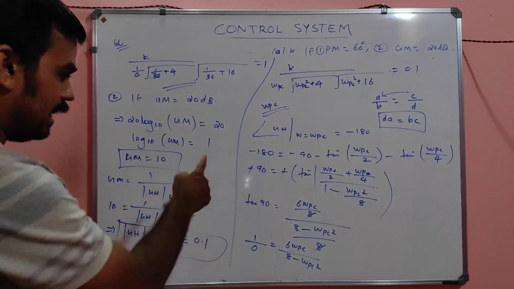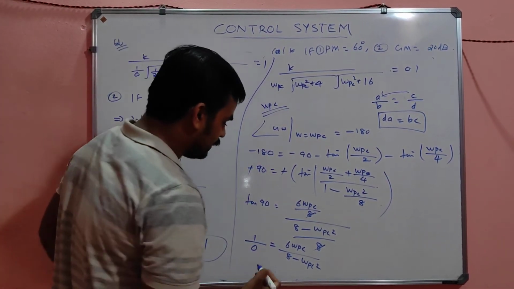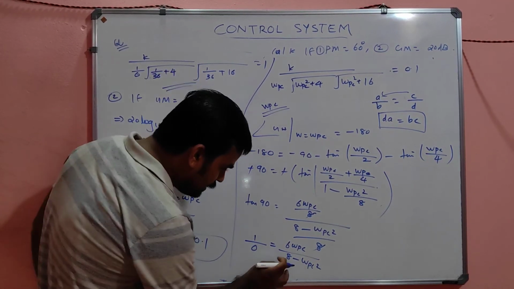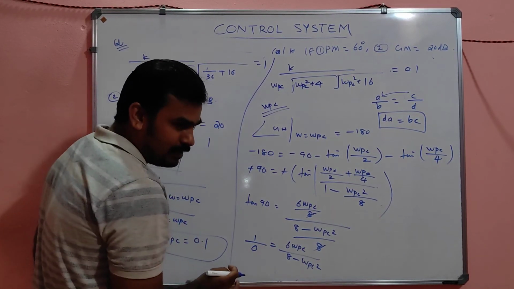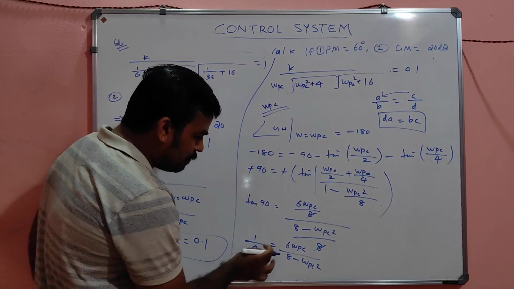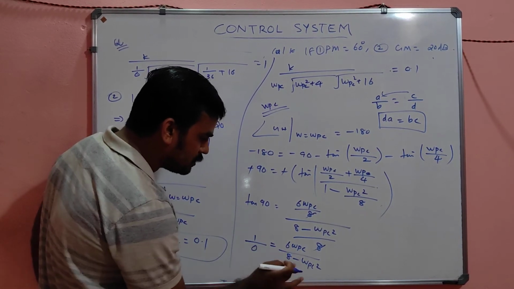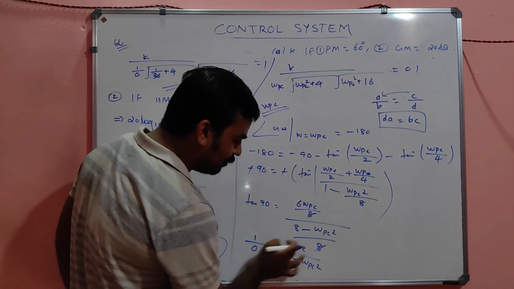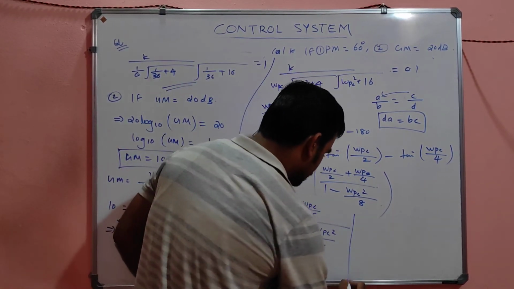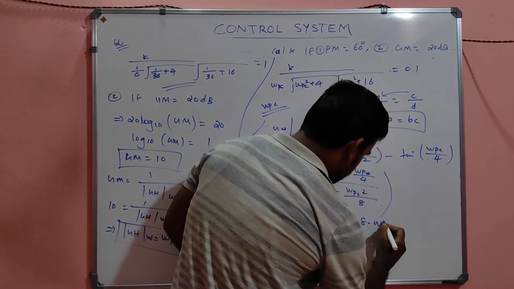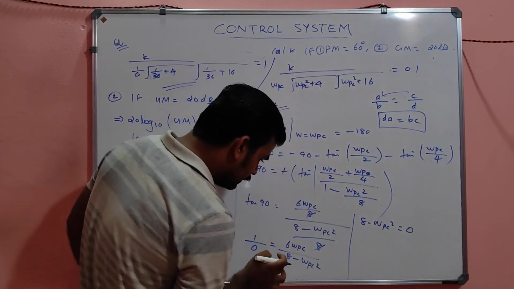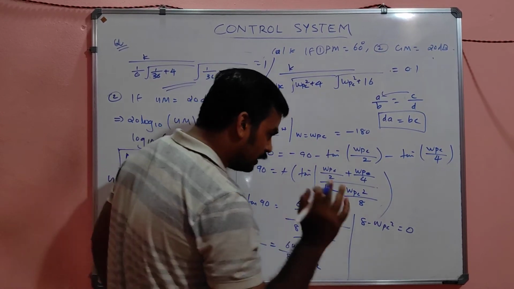I will complete this and then go to that. So 1 by 0. You can take this into this equal to 0, you can equate. But A by B equal to something, saying this equals this is wrong. But you can say this into this will be equal to 0. That means 8 minus omega pc square equals 0.